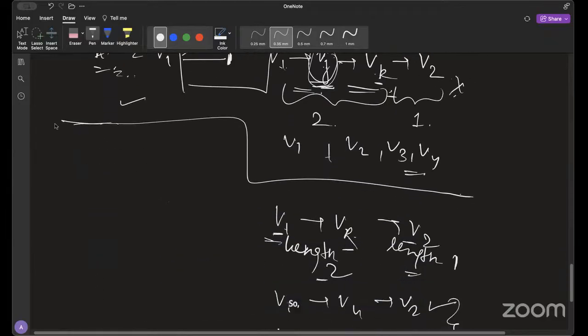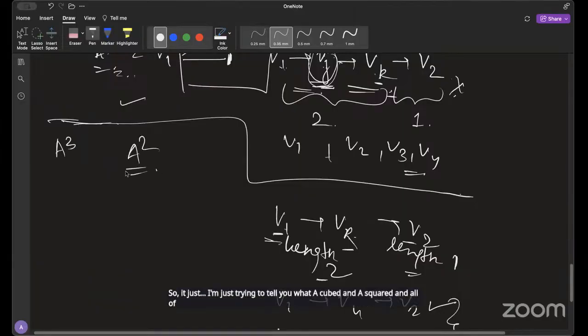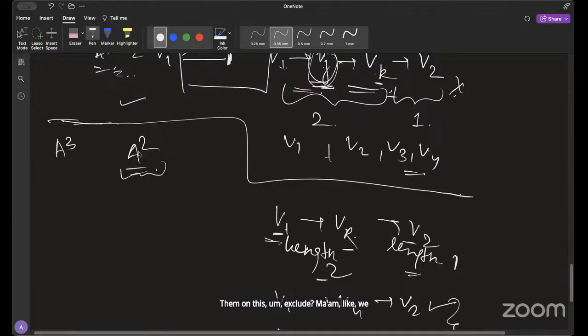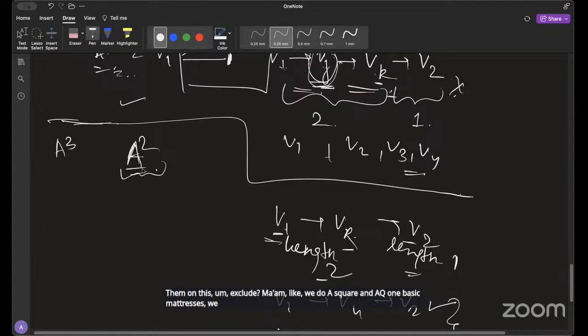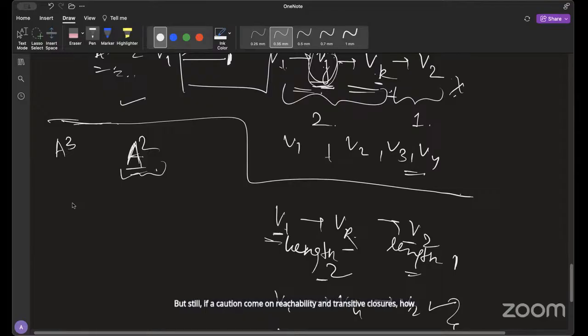So I'm just trying to tell you what a cube and a square and all of these things represent. I just want you to have an idea what these things are. Ma'am, like we do a square and a cube on basic matrices, we know just the basics. But still, if a question comes on reachability and transitive closures, how are we going to approach it?